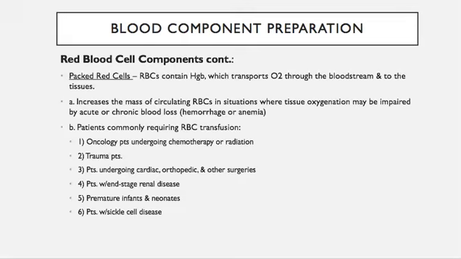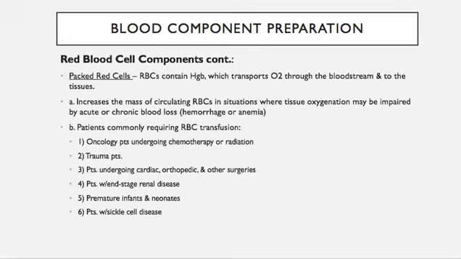Okay, next, your packed red cells. These are the red cells that contain hemoglobin, which transports oxygen through the bloodstream into the tissues. Red cells increase the mass of circulating red cells in situations where tissue oxygenation may be impaired by acute or chronic blood loss, either through hemorrhage or anemia.